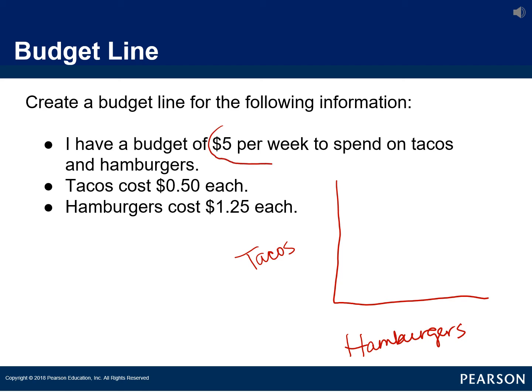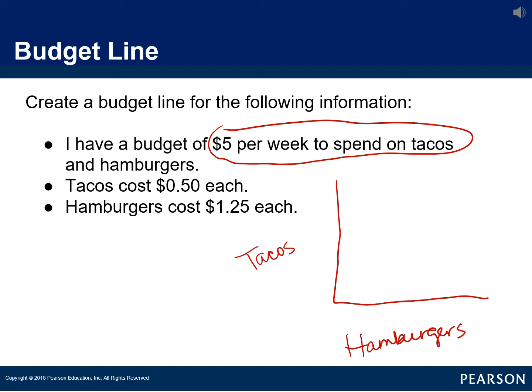I've been given $5 a week to spend on tacos. This scenario must have been written a long time ago because $5 would not get you very far. And hamburgers are really cheap, and so is that taco price.